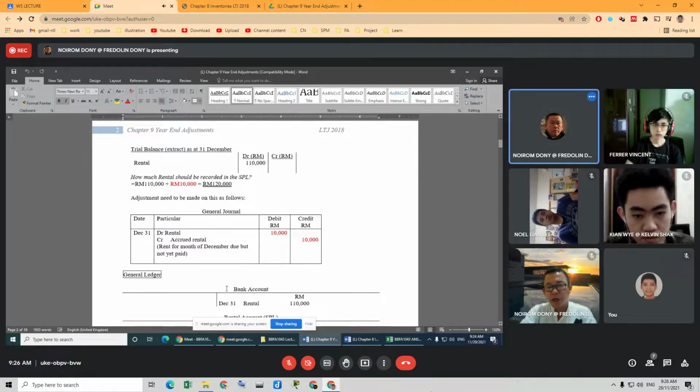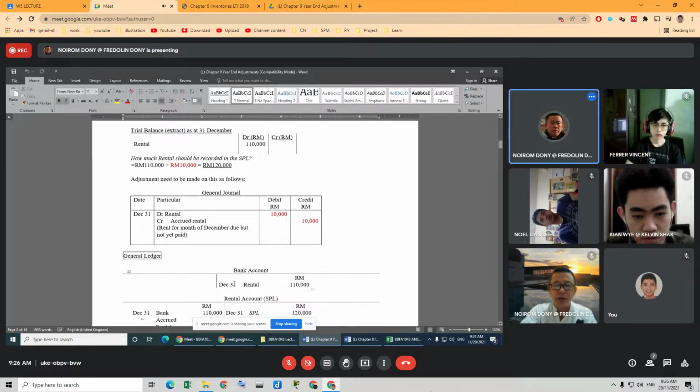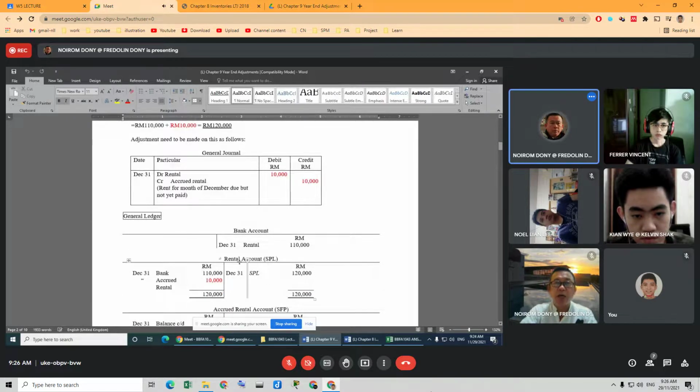They have opened the bank account, they have opened the rental account, and do the entry. That is, rental account 110,000 on the debit side. The credit side is the bank. Okay, payment, isn't it?